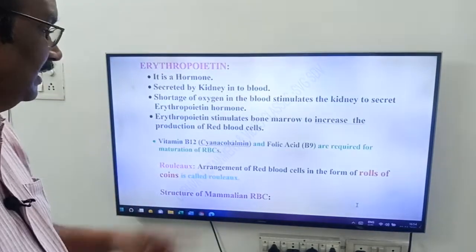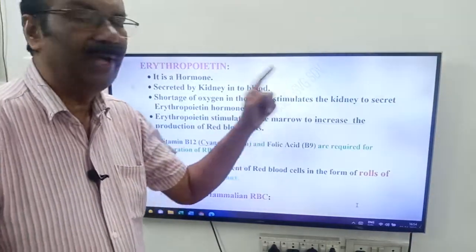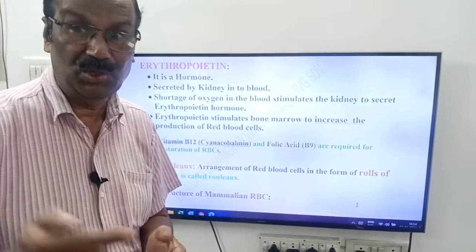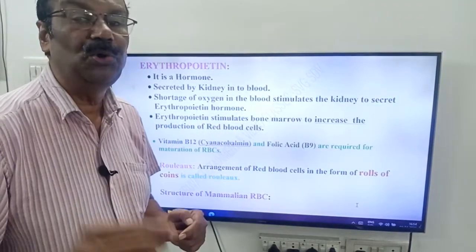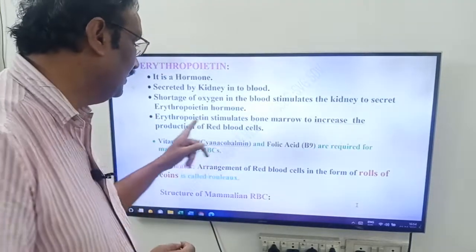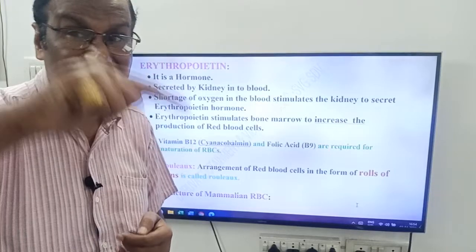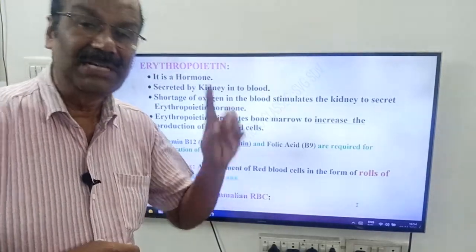See friends, this erythropoietin in turn stimulates the bone marrow. You know what bone marrow is, friends? It is an erythropoietic organ, erythropoietic tissue. This erythropoietin stimulates bone marrow to increase the production of red blood cells. Erythropoietin indirectly helps in the production of red blood cells, but it is secreted by whom?